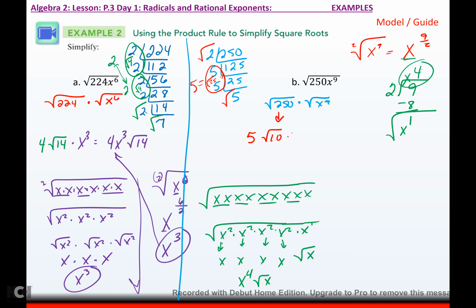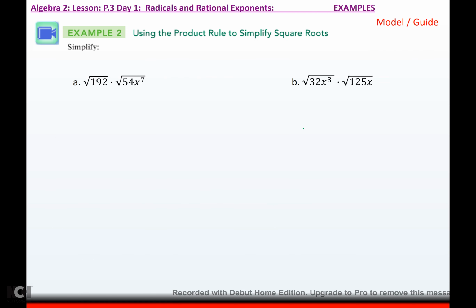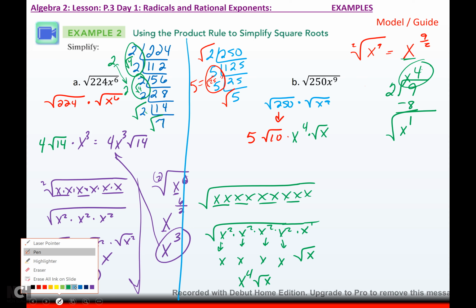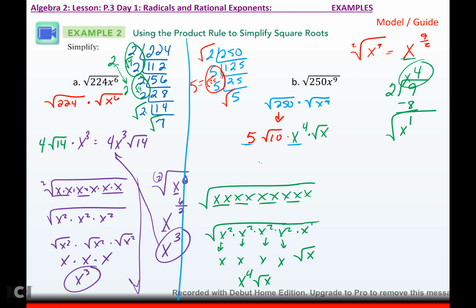So I have times x to the 4th times the square root of x. Now if I put everything back together, my numbers and my letters, I'm going to get 5 times x to the 4th is my outie, and my innie is 10 times x, which is going to be 10x.